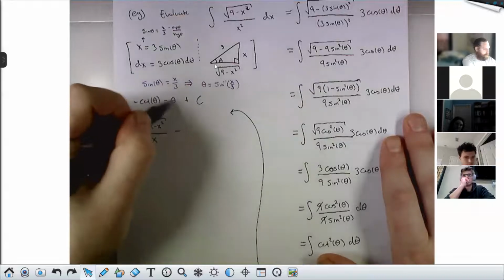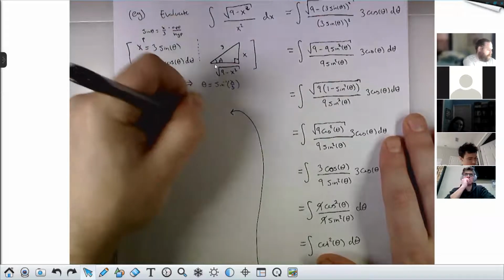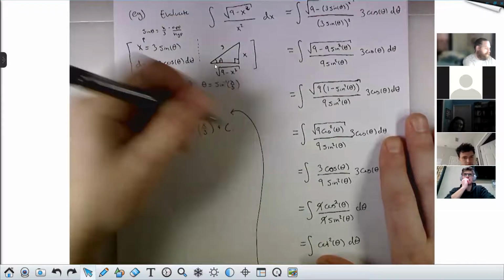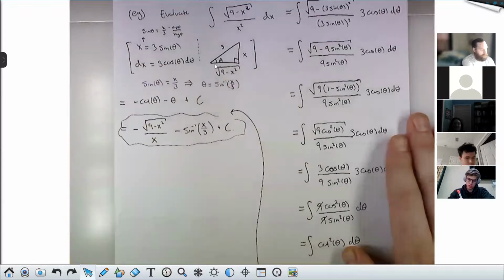So this theta piece here is inverse sine of x over 3, and then you have your plus c still on that, ladies and gentlemen. It's your final answer.